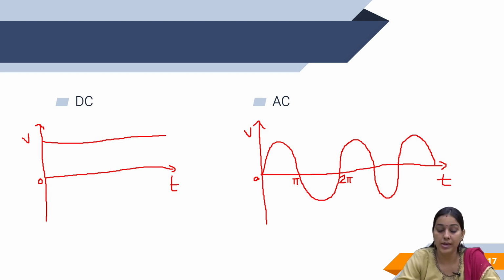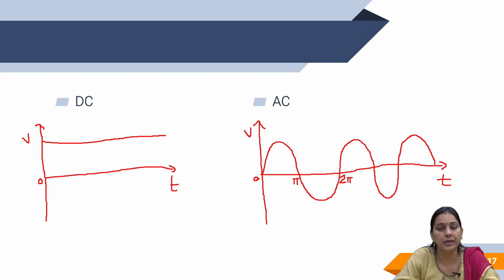Alternatively, for the AC current or the AC voltage value, a sinusoidal wave is the best example for the alternating current representation. Let us say from angle 0 to pi, you will have positive polarity. From pi to 2 pi, you will have negative polarity.